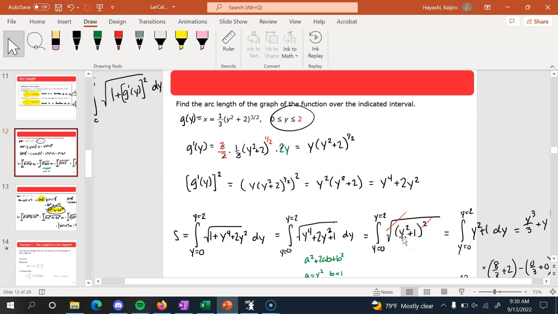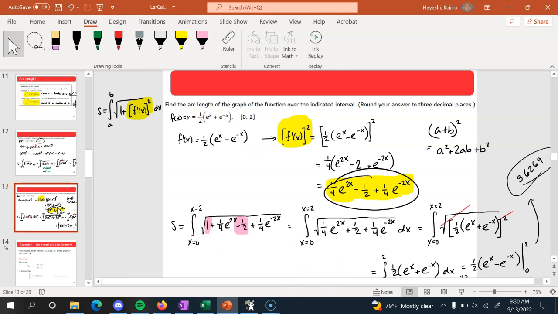We were able to express what was underneath the square root as y squared plus 1 all squared, so that we cancel out with the square root. It happened here after we incorporated the 1. You wanted to express this, again, as a square underneath the square root so that they would cancel, and it would just become a regular integral. So that's just how it's going to be with these arc length integrals.